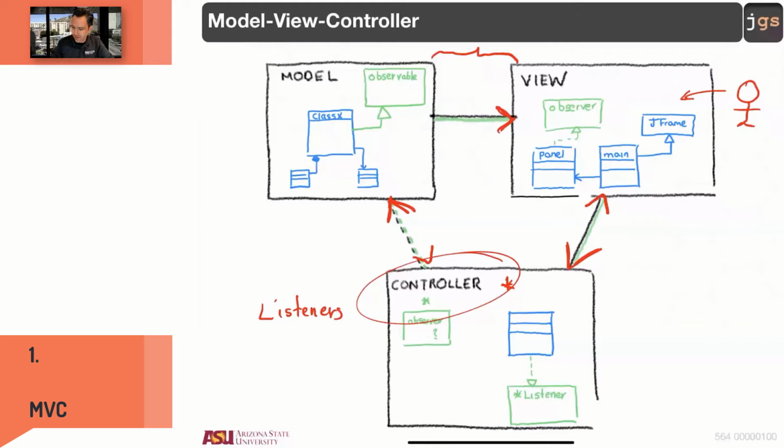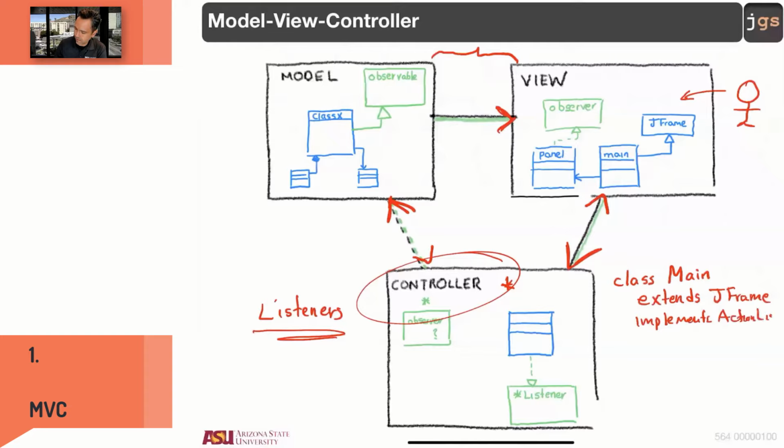Now, if these are the listeners, the common error when we are working with big software is to create a class, like for your projects, main, and do that class to do these two things.